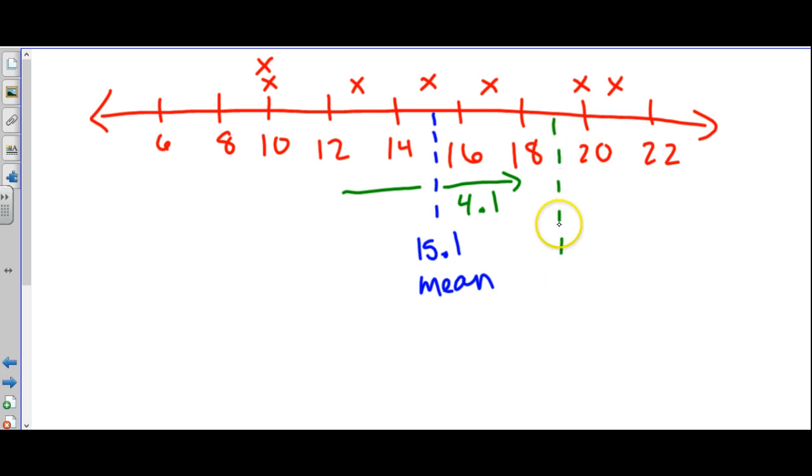This is called one standard deviation. It's one standard deviation away from the mean. So at 19.2, we're one standard deviation away.